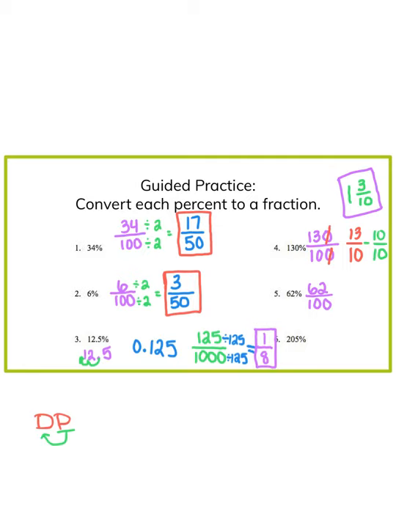So I know I can always divide even numbers by 2. 62 divided by 2 is 31. 100 divided by 2 is 50. There are no other numbers that I can divide my numerator and my denominator by, so my fraction for this percentage is 31/50.